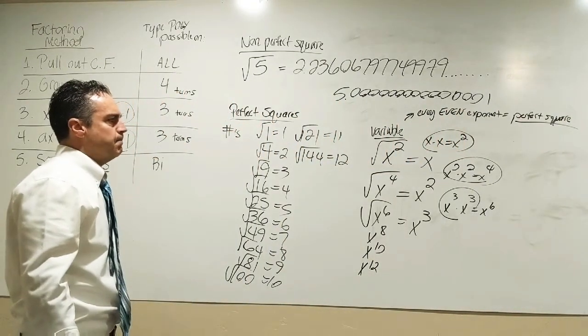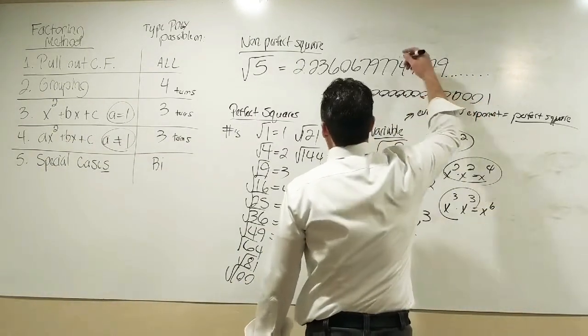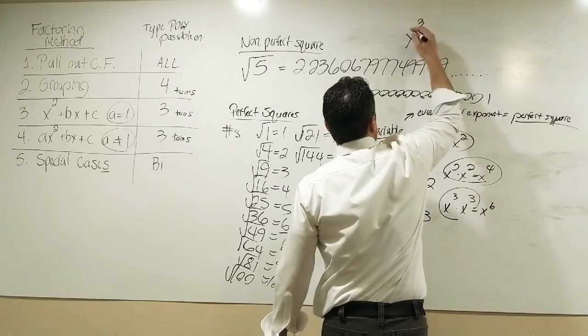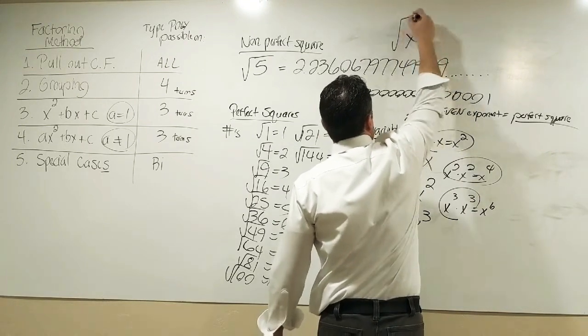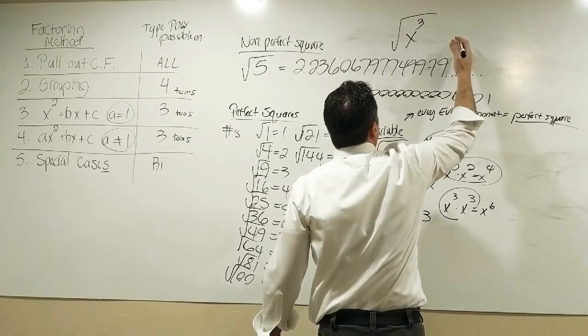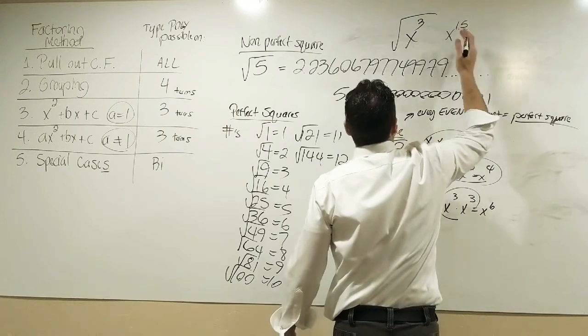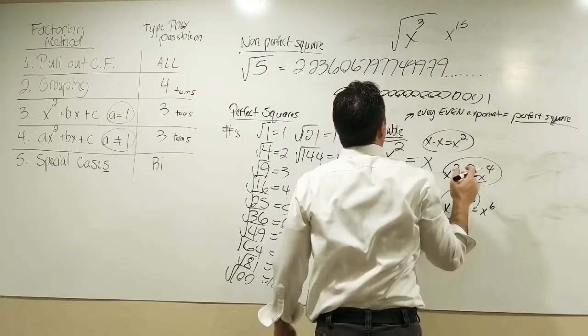All right? So, again, I'll ask you, is x to the 3rd, so we go back to the non-perfect squares, is x to the 3rd a perfect square? So we take the square root of this. Well, is there something times itself that makes x to the 3rd? And you could say, well, x to the 1.5 does. Okay, but that's a decimal, right?